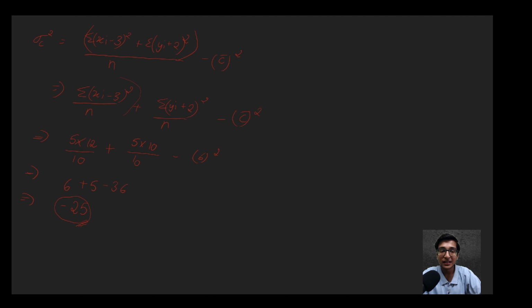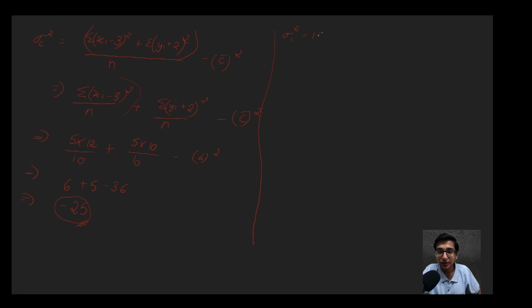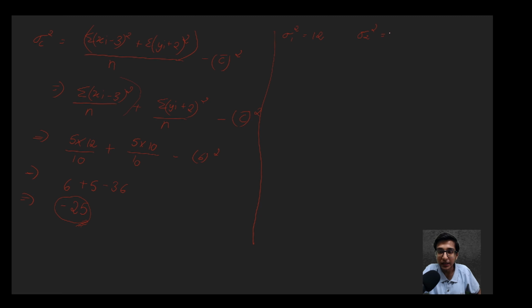That means the answer that we've calculated is incorrect. So we have to try to find out this through some other method. So let's see how we can do that. We know sigma 1 square is equal to 12, and sigma 2 square is equal to 20.